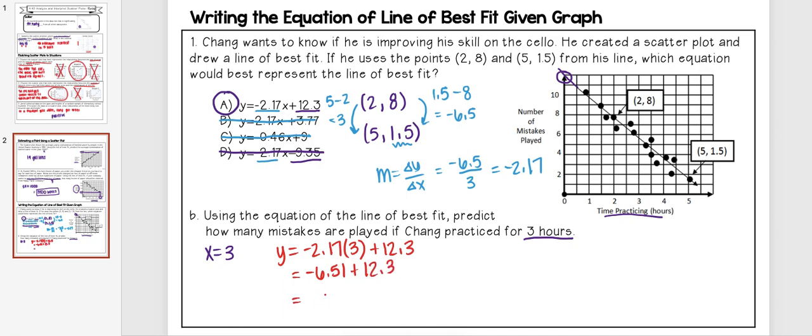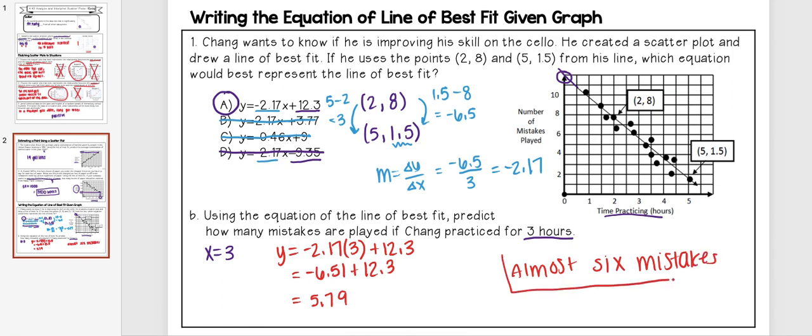And then when I add those two numbers together, I get 5.79. So that means he made almost 6 mistakes. I can't have 5.79 mistakes, so that's why I said almost 6 mistakes.